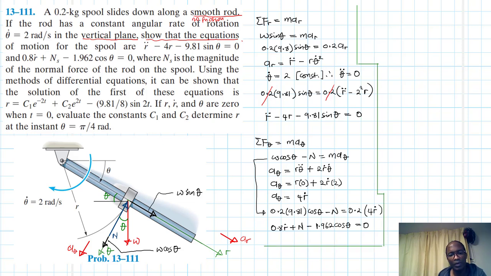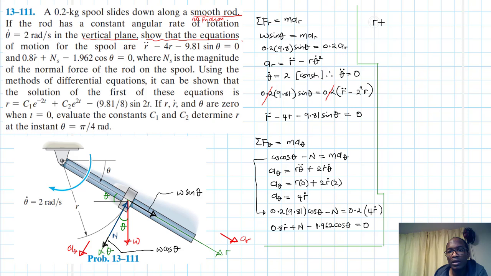All right. So we have been told that the first equation was solved using the methods of differential equations, and this is the equation that represents the solution.